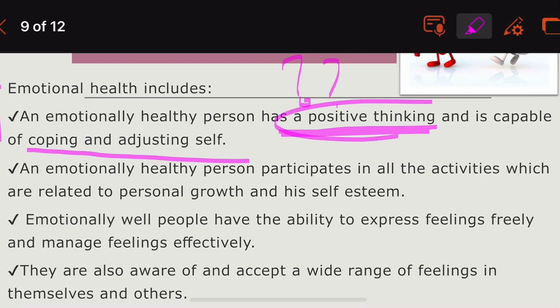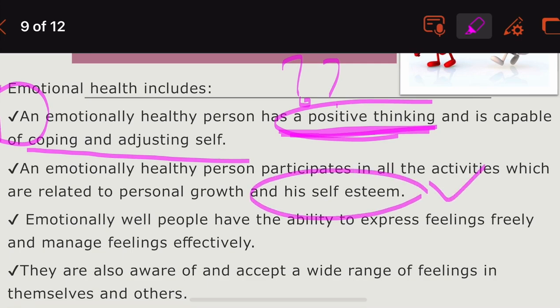This is the first point. How positive thinking a person possesses. An emotionally healthy person will have good positive thinking. He will be an optimist. An emotionally healthy person will participate in all the activities which are related to personal growth, and also the activities which will enhance his self-esteem.